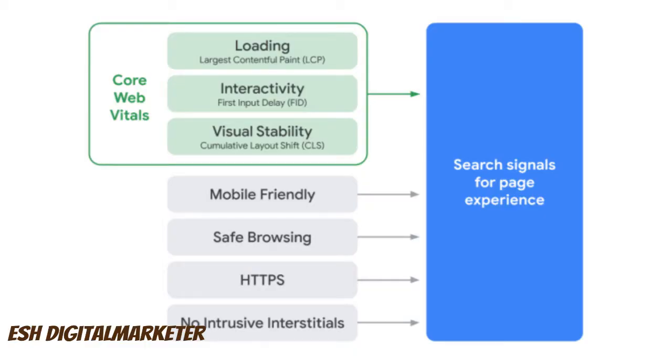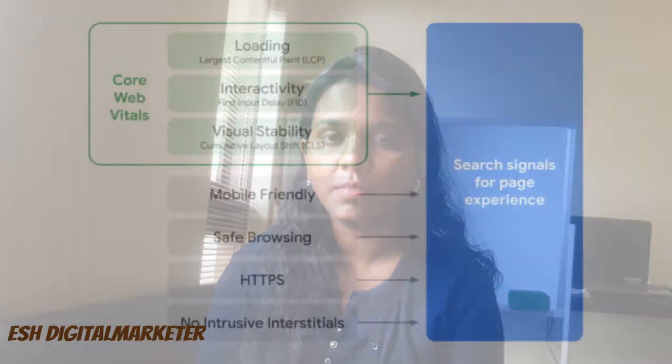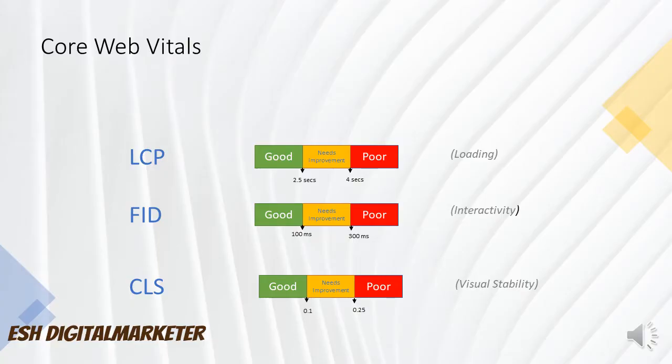According to Google's recent update about Core Web Vitals, they mention three main metrics: LCP, FID and CLS. LCP, Largest Contentful Paint, is the time taken for your website to fully load. FID is the time taken for the website to become interactive to the user.